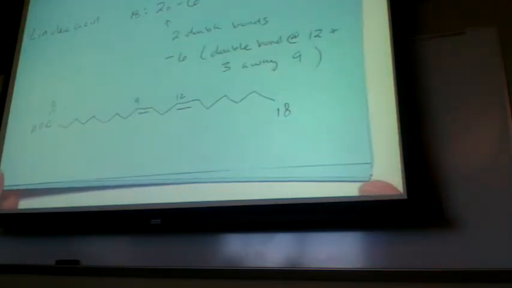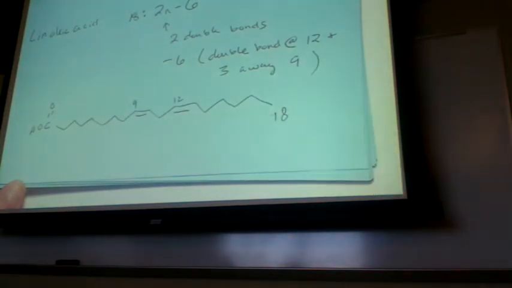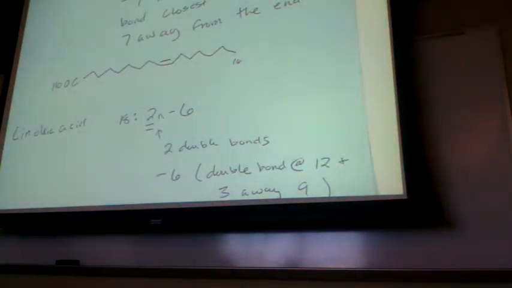On the plus side, I'm not going to ask you to draw polyunsaturated ever. So it's more important that you know that the 2 means there are 2 double bonds, because that is going to affect our physical properties. Were we 9 to 10 on the last one?